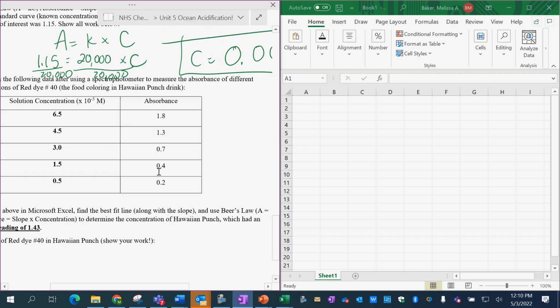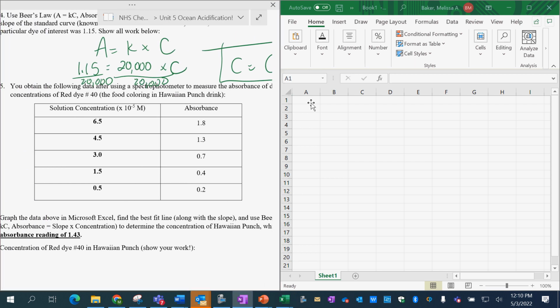So we've got solution concentration, absorbance, solution concentration, absorbance, and so on.